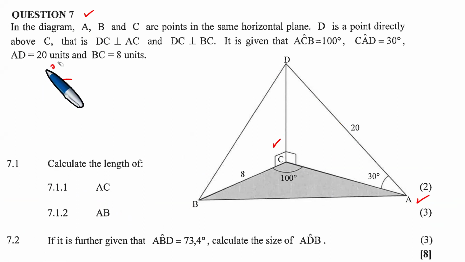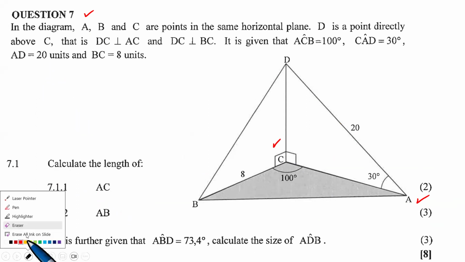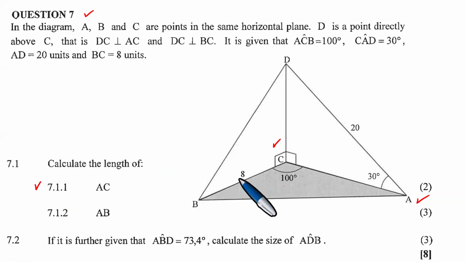As we're going to do question 7.1.1, we want to find AC. It is always best to state the triangle to the examiner. So we're going to work in triangle DAC.